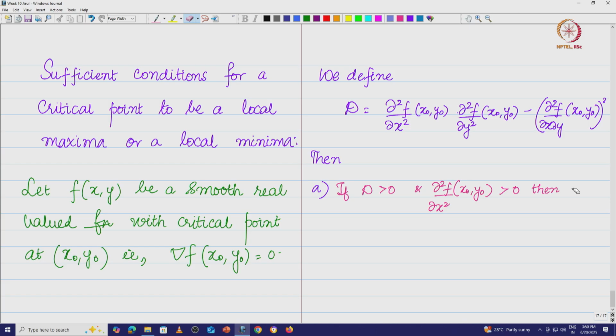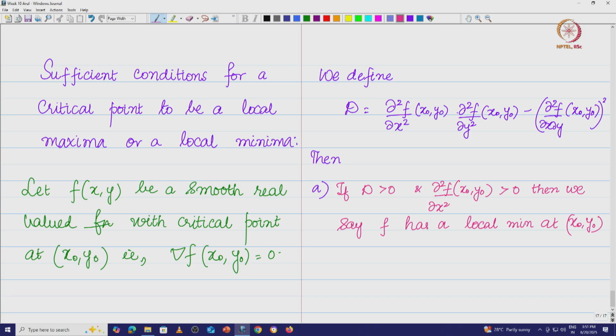We call d the discriminant or determinant. If it is greater than 0, then f has a local minimum at x naught comma y naught, right.